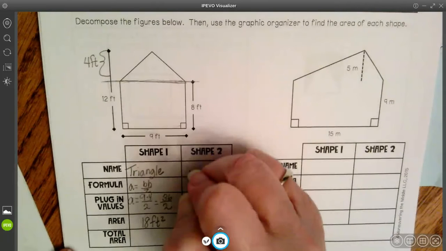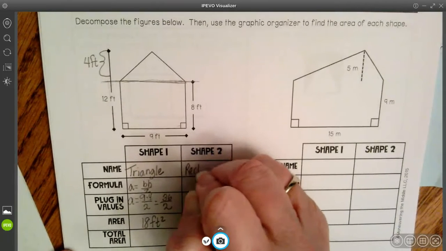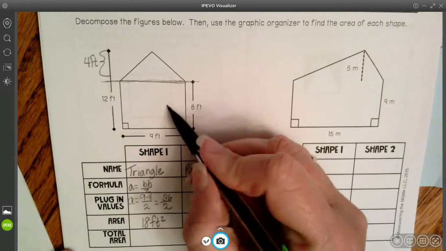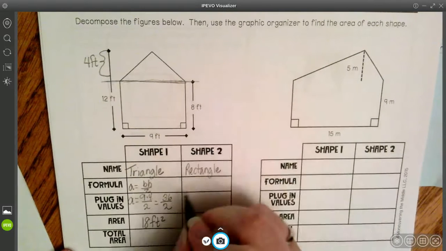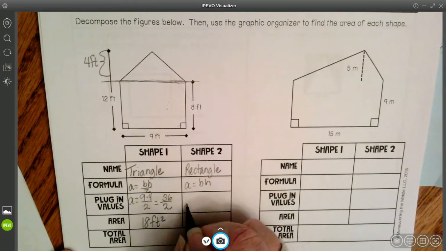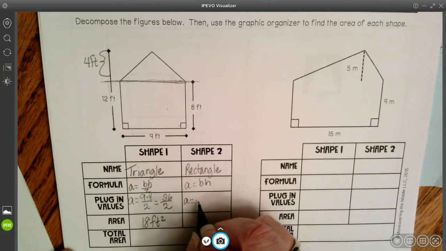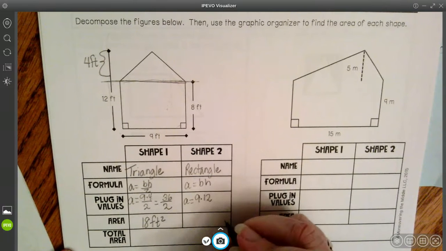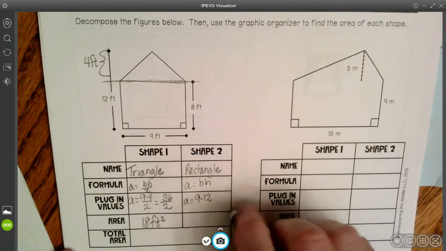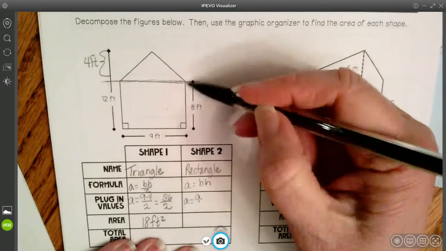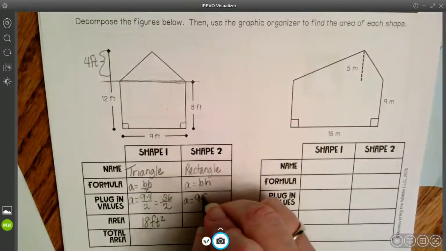Okay, for the rectangle, which is this shape right here, we've got area equals base times height. So then we've got our area equals our 9 feet times our 12 feet. Okay, and 9 times 12, whoops, it's not 9 times 12, because the height is only the 8 feet right here. So it's 9 times 8.